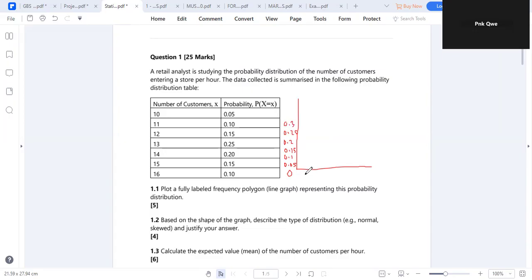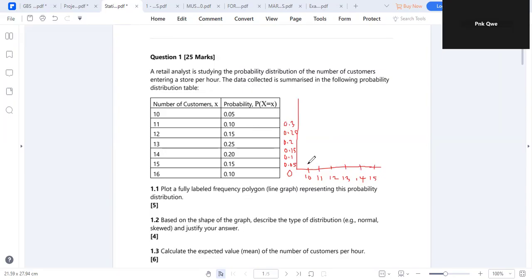And here we have 10, 11, 12, 13, 14, 15. So what's the probability? 10 against 0.05?